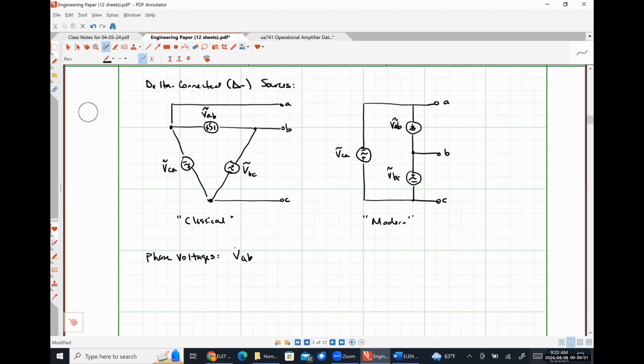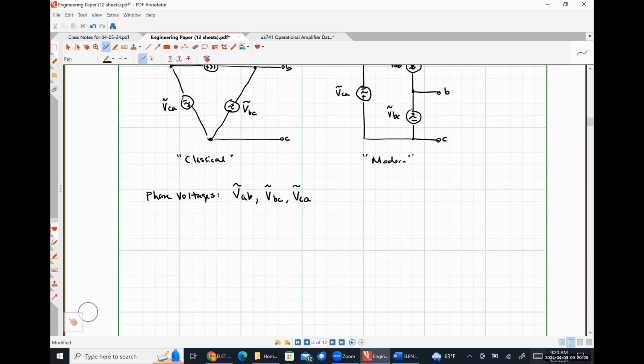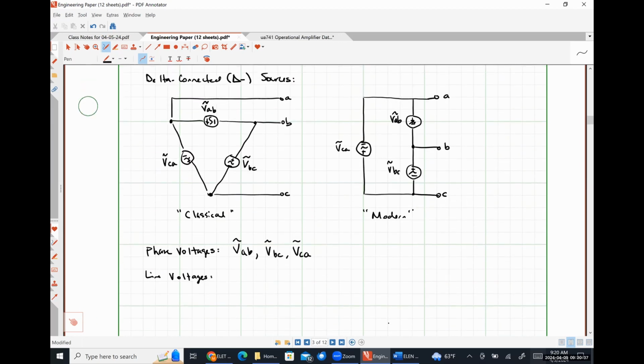So VAB, VBC, and VCA. Now, line voltages are defined to be the voltage drop that appears across the transmission line terminals.